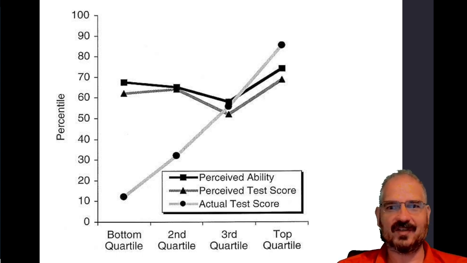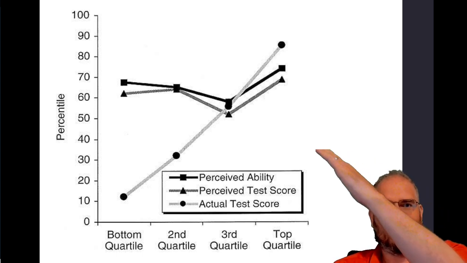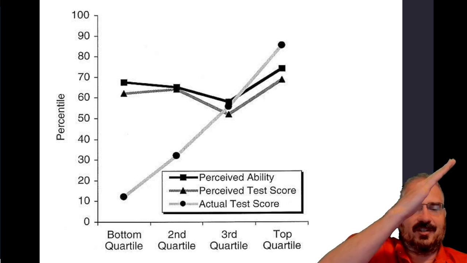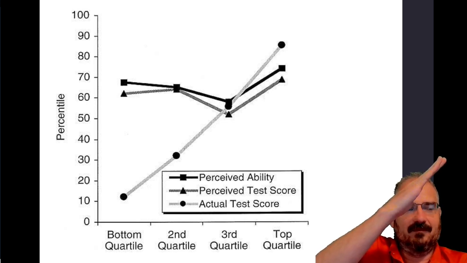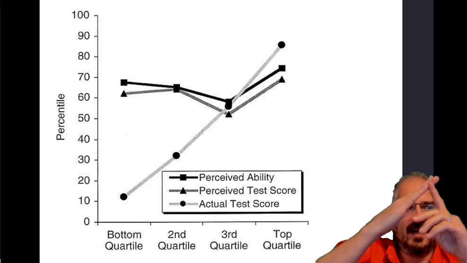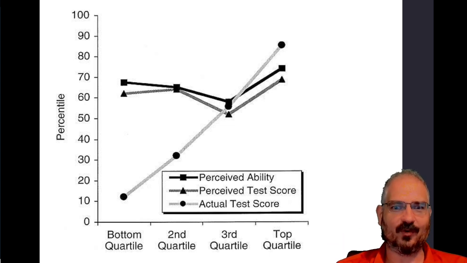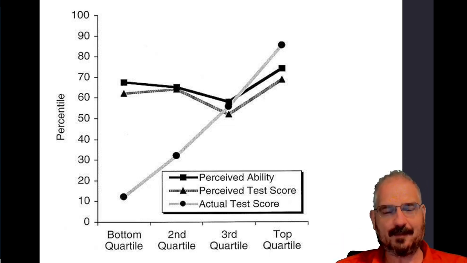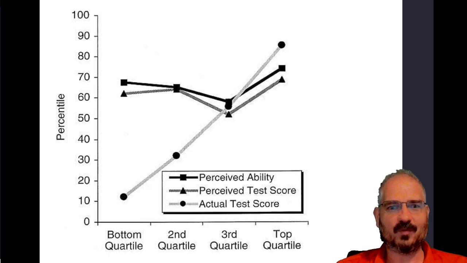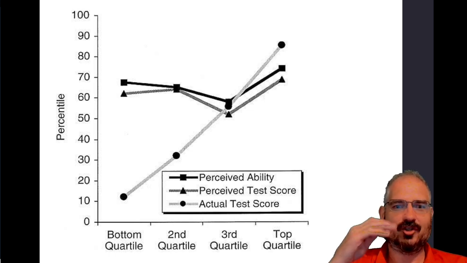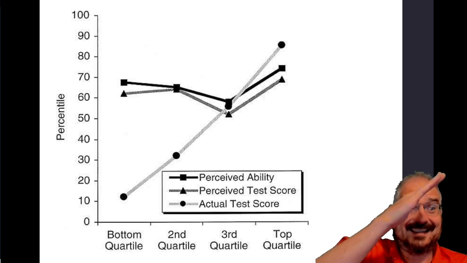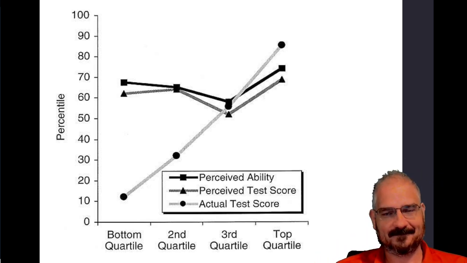That white line is their actual test score. The one going perfectly from the lower left all the way up to the top right in almost a straight line. Those are actual test scores, right? So the perceived ability and perceived test scores, if people realized what they know about a topic, should follow that exact same pattern, but it doesn't.